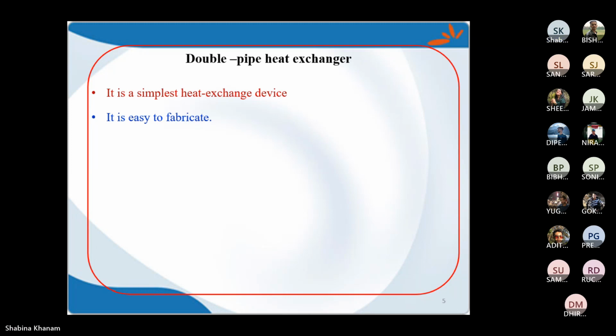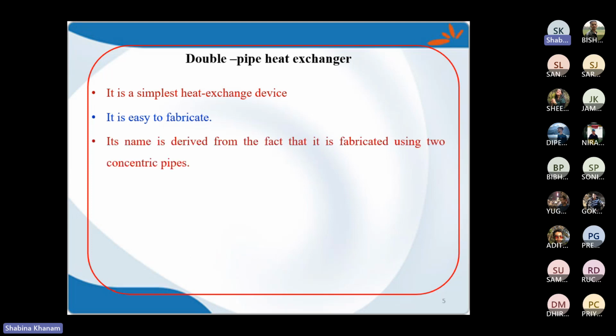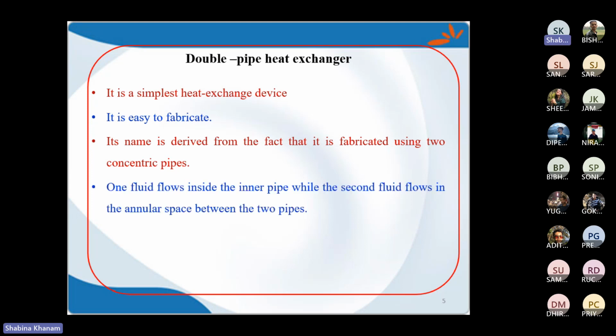When we consider fabrication, it is very easy, and manufacturing is very easy. As I have told you, it is two concentric pipes, and one fluid flows inside the inner pipe while the second fluid flows in the annular space between the two pipes.